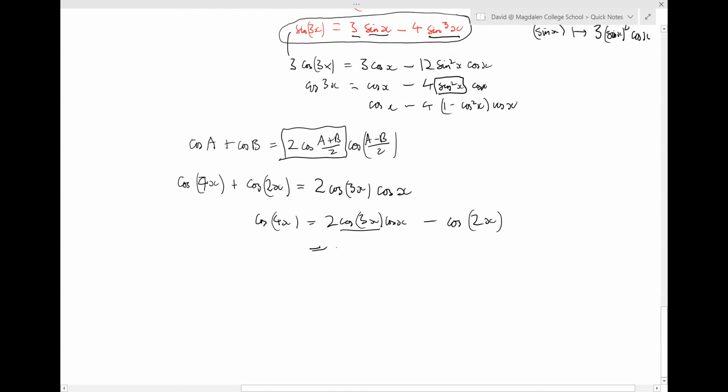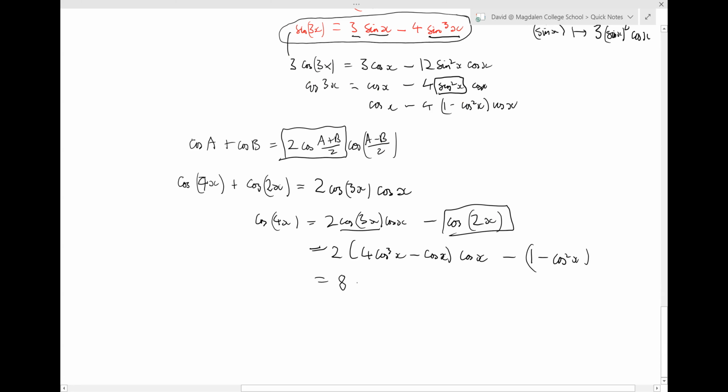So I can write this as 2 times 4 cos cubed x minus 3 cos x, times cos x, minus cos 2x, which I know is 2 cos squared x minus 1.